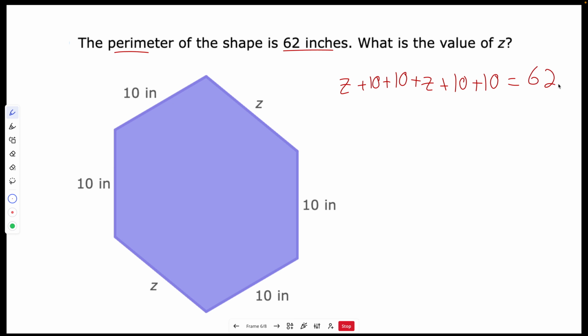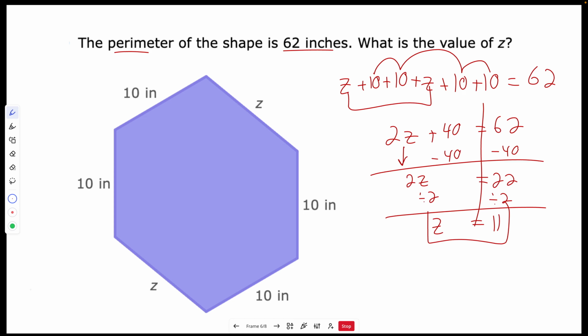And now this is an equation, right? Combine like terms, so boom, boom, boom. Combine the z's, you would get 2z plus 40 equals 62. And now we should know how to solve this from here. And once you solve it, maybe you can solve that in your head, but you should get z equals 11.